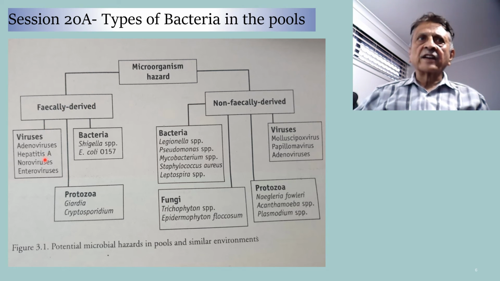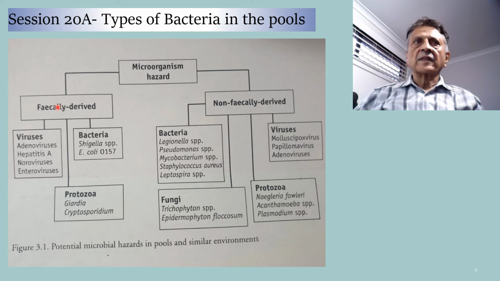You have viruses, bacteria, E. coli, Shigella, etc. Then you have protozoans, Giardia, Cryptosporidiums, and these are fecally derived. Now, this feces can be from birds, dogs, cats, animals, whatever they might be.